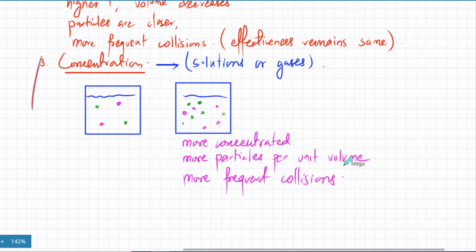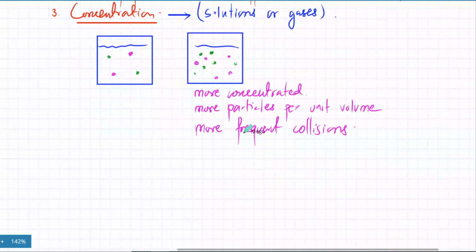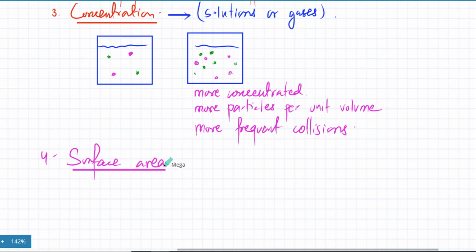The fourth one is surface area. I'll just go through this quickly. Higher surface area means smaller pieces, powdered.